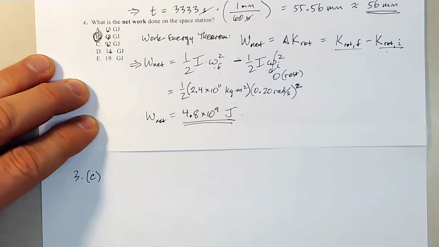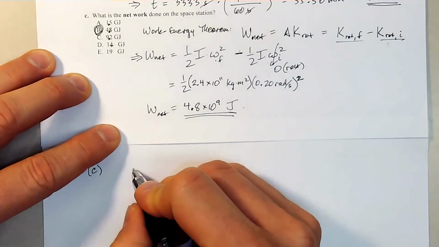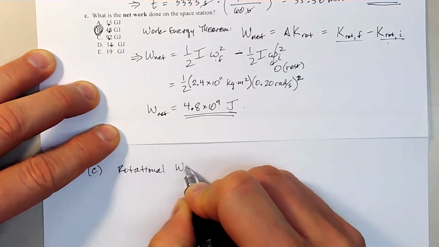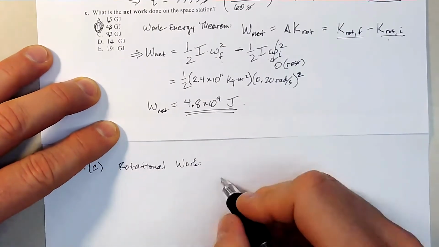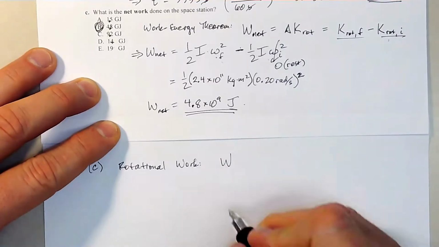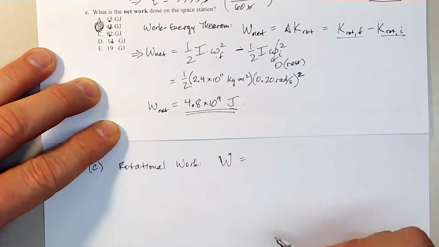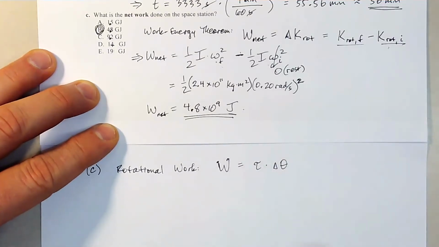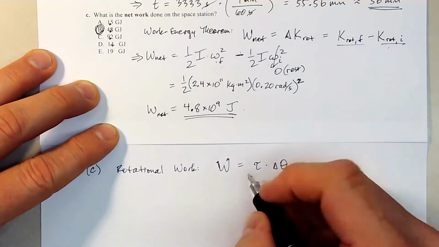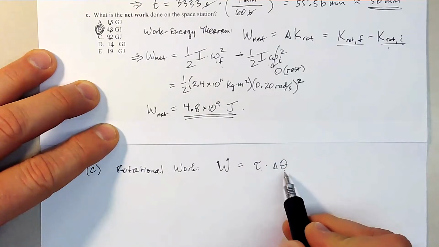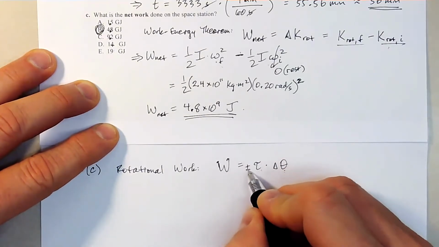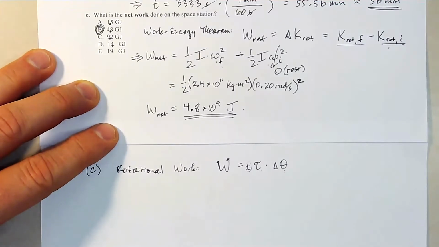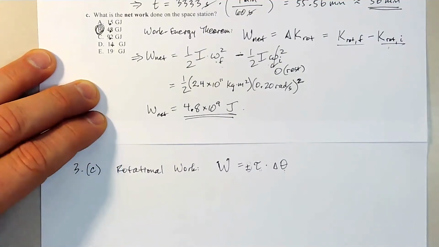You might remember the other definition for rotational work is analogous to the definition for translational work, which is that rotational work done by a single torque on an object that undergoes an angular displacement is equal to torque times the angular displacement of the object times either plus or minus, depending on whether the torque and the angular displacement are in the same direction for plus or opposite directions from each other for minus.